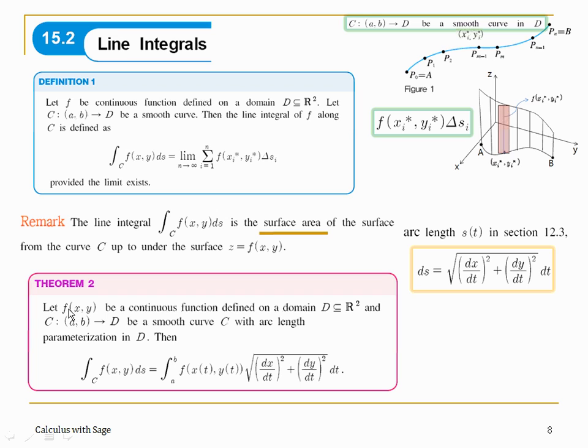Theorem 2 says if f of x, y is a continuous function defined on the domain in R2, and C is a smooth curve with arc length parameterization in D on the interval A to B, then the integral of f of x, y ds over C can be written as f of x, y parameterized by t, and ds can be replaced by this one. So we can transform this integral to an integral over one variable t.